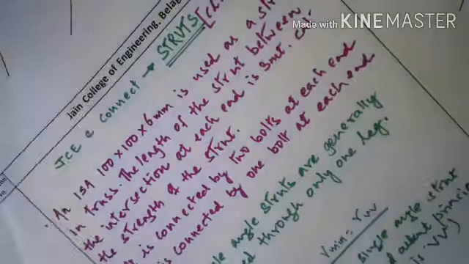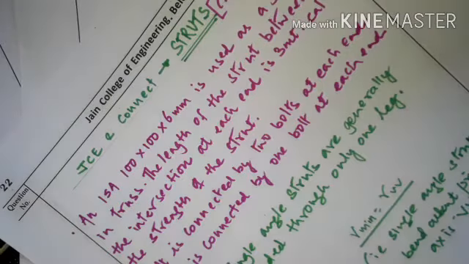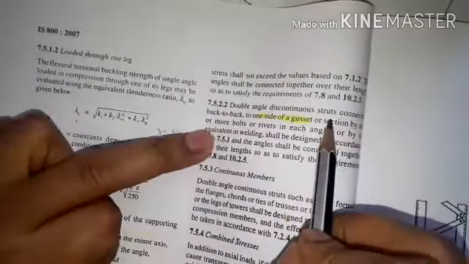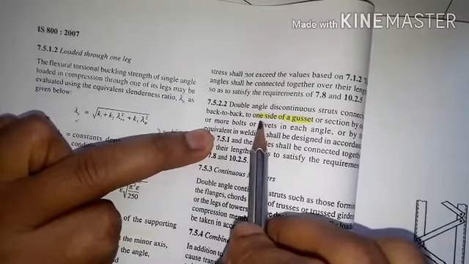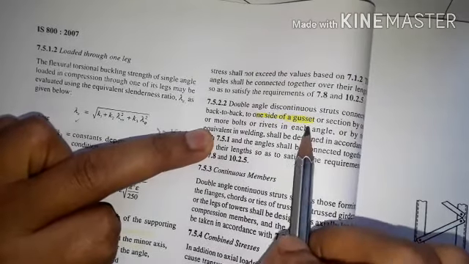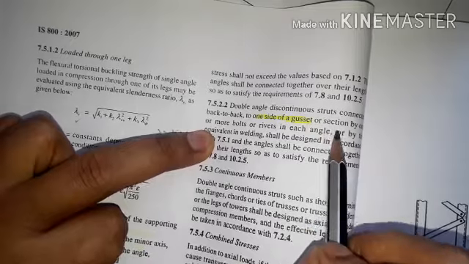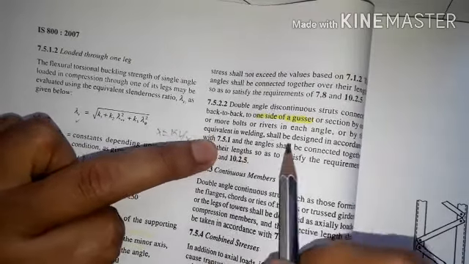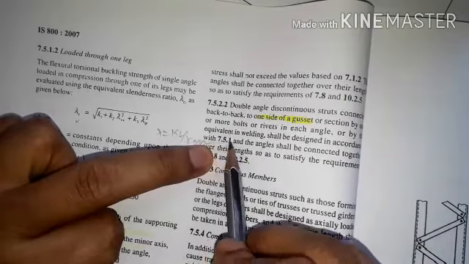One more clause is given here: double angle discontinuous strut connected back to back on one side of gusset plate, or same side of the gusset plate. So we have to calculate the equivalent slenderness again based on 7.5.1.